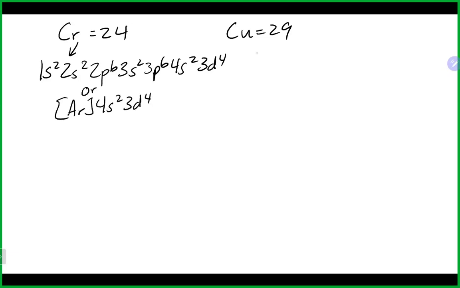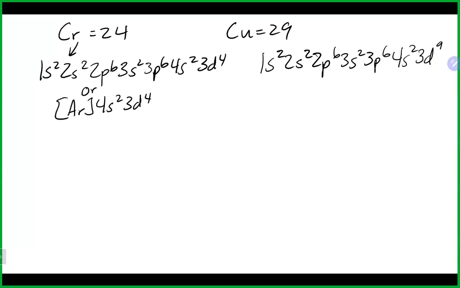For copper, if you did copper following the way we talked about there, you will end up with this: 1s2, 2s2, 2p6, 3s2, 3p6, 4s2, 3d9, or again, if you shorthanded it, argon, 4s2, 3d9.